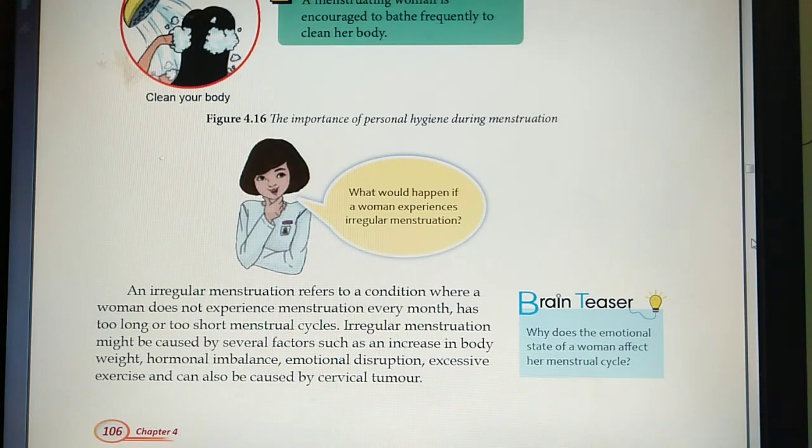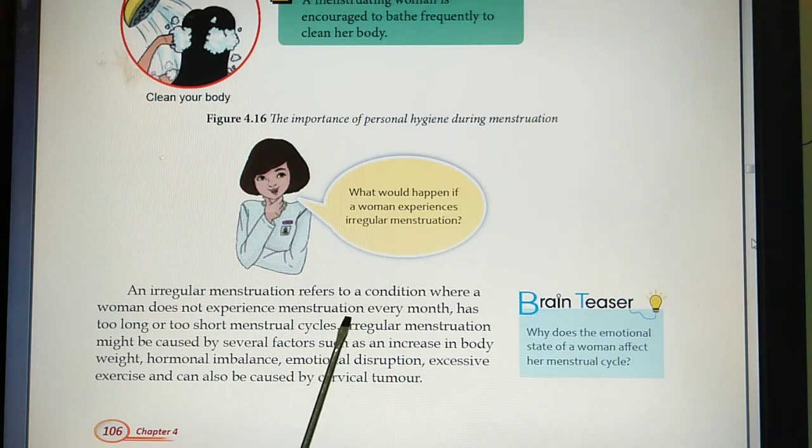If a woman experiences irregular menstruation, she has to remind herself that something wrong is happening in her body. So what is irregular menstruation? Irregular menstruation refers to a condition where a woman does not experience menstruation every month, or has too long or too short a menstrual cycle.